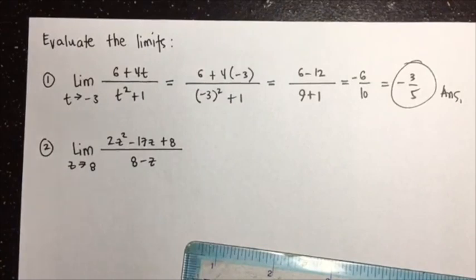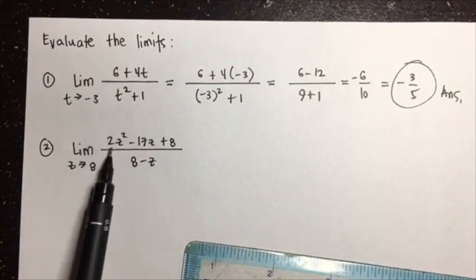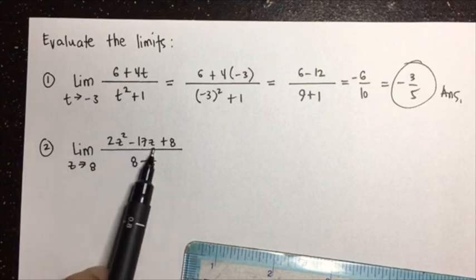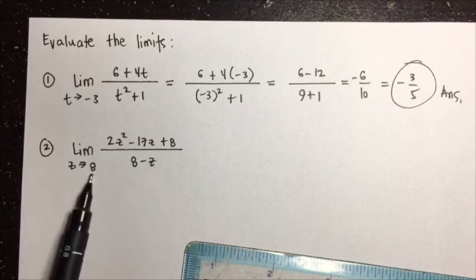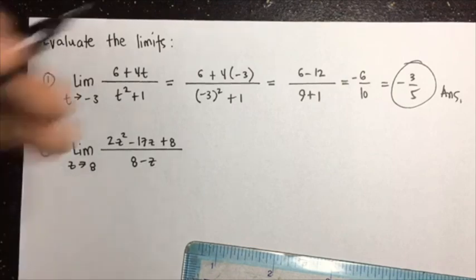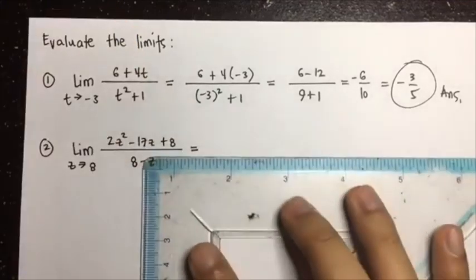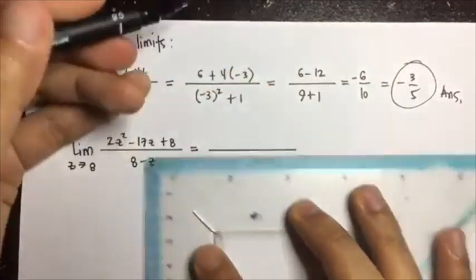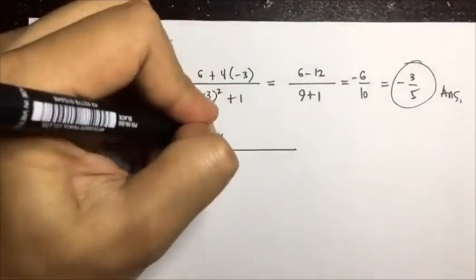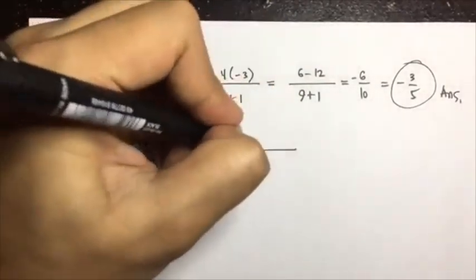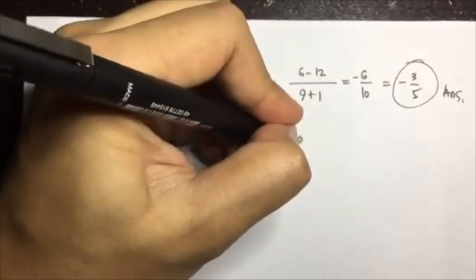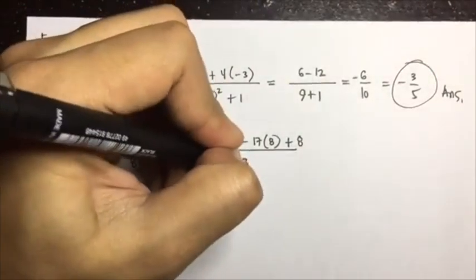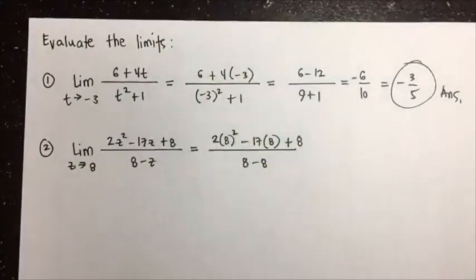Next is the limit of (2z squared minus 17z plus 8) all over (8 minus z) as z approaches 8. Similar with number 1, all we need to do is substitute. So we have 2 times 8 squared minus 17 times 8 plus 8, over 8 minus 8.